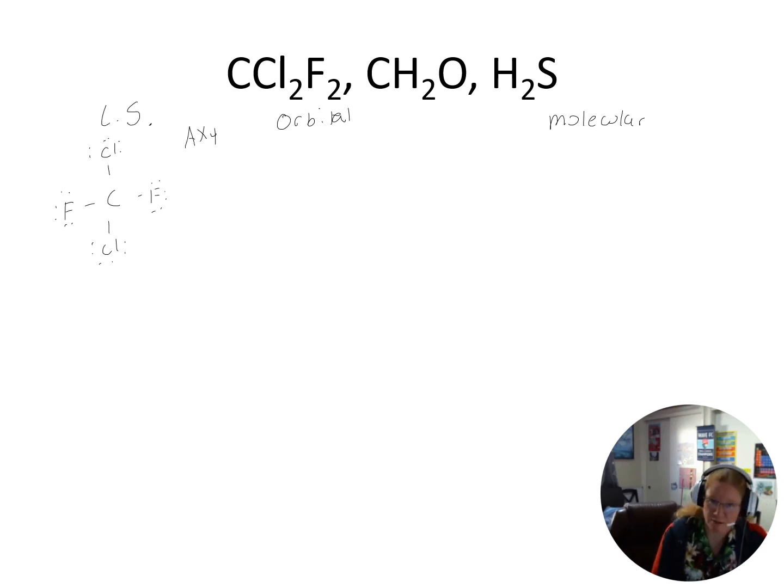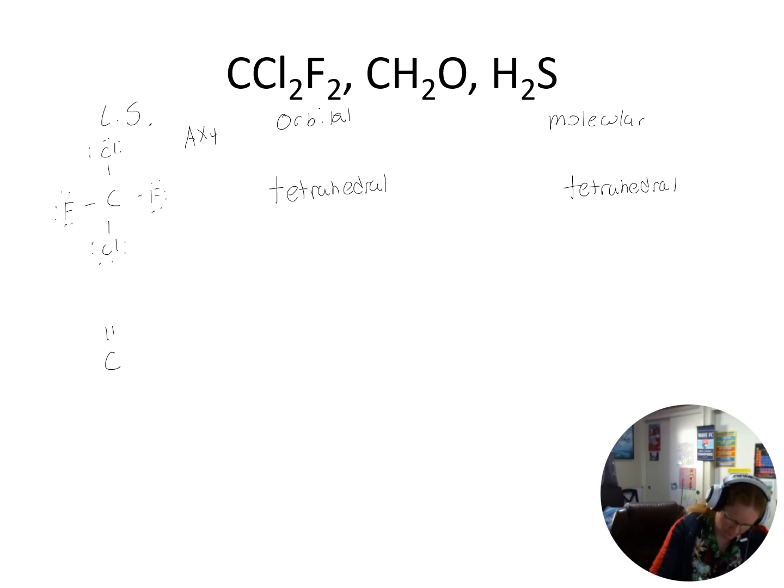So I have that AX4 situation. So my orbital geometry is tetrahedral. And my molecular geometry, it's all bonding, so it's also tetrahedral. Okay. All right, so there's that one.